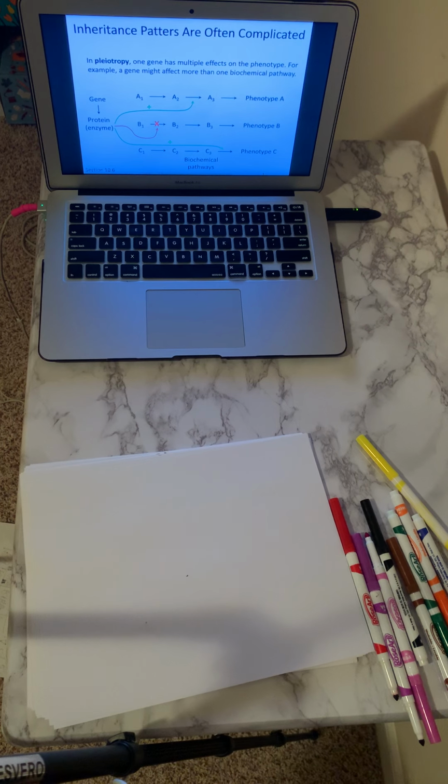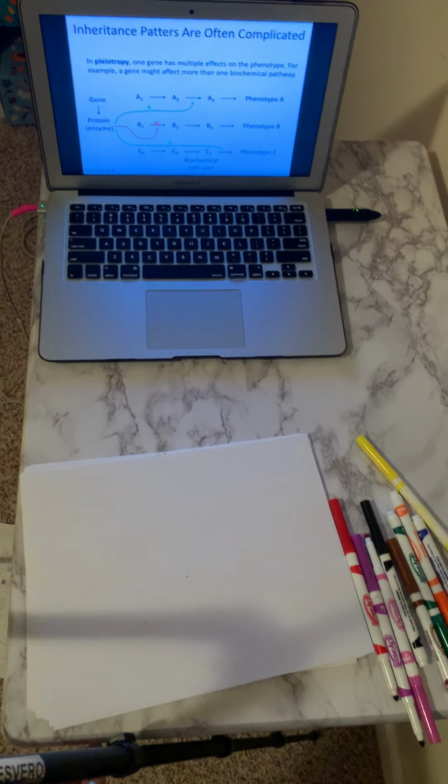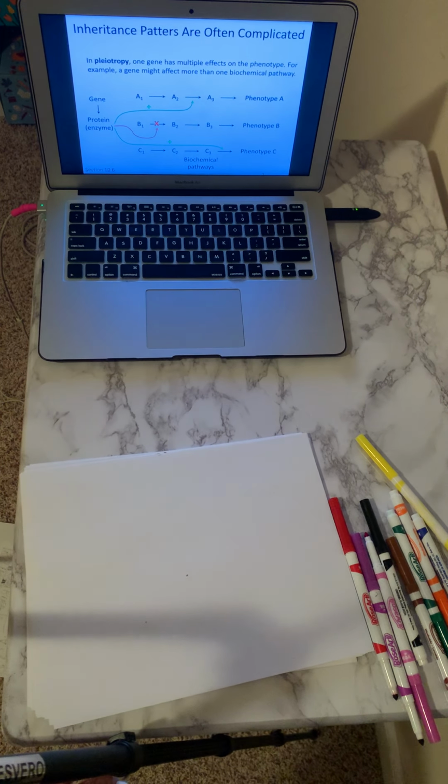So another concept is pleiotropy. I'm not going to worry too much about pleiotropy. It's when one gene impacts more than one trait. So you have things called linked genes that, if they don't function properly, you're not going to be able to produce certain proteins that you need to form a functioning body. So your body might look slightly different, or you might have a genetic pathway defect or something like that.